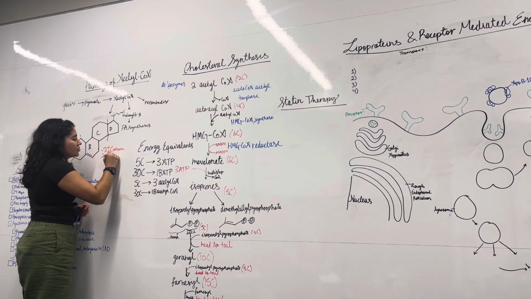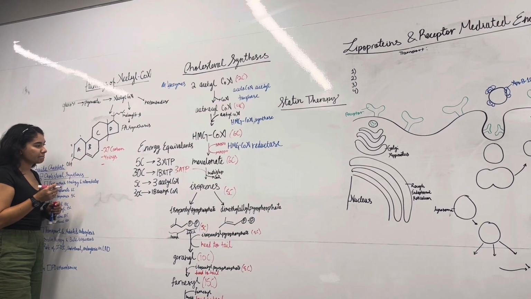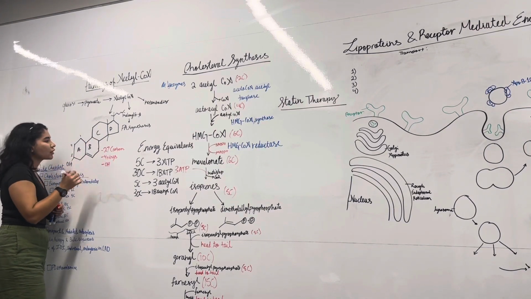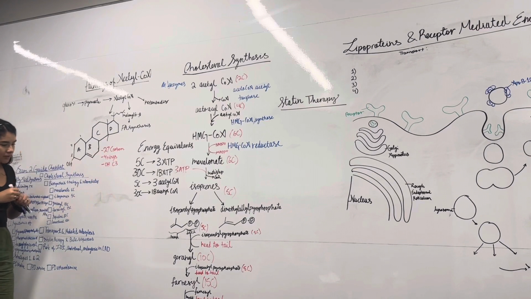4 rings. And it has an OH, or hydroxyl alcohol group, at position number 3, carbon number 3. So if you were to look at lanosterol, it basically already has the oxygen group on the third position. So that's one of the things to note.